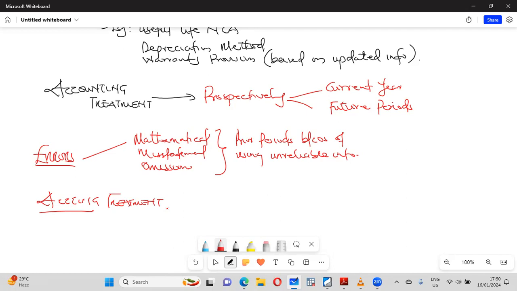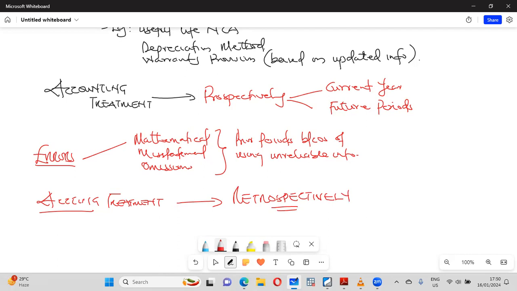Then come and affect your opening retained earnings or the equity component of your current financial year. So what you do is that one too, you check the retrospective effect. So it's applied retrospectively.